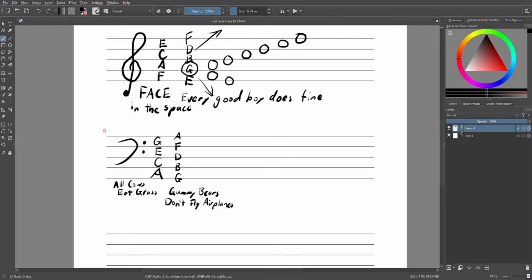Okay. Now let's take a look at the other method. So that's the method for learning lines and spaces just with the acronyms. Let's do the other method.